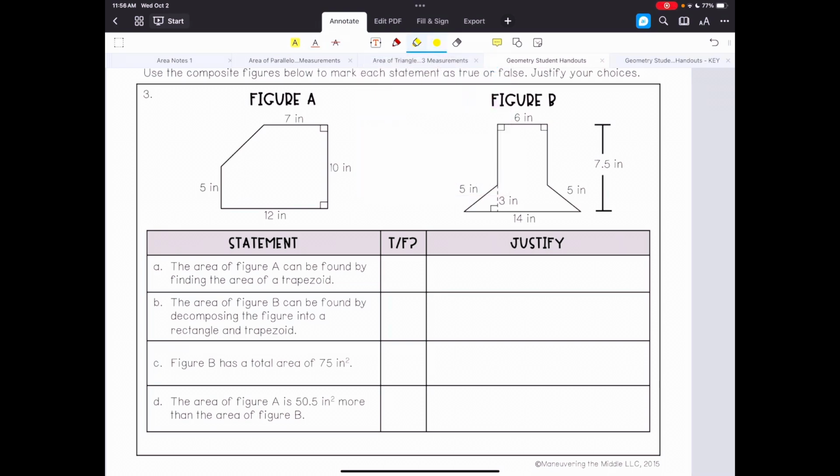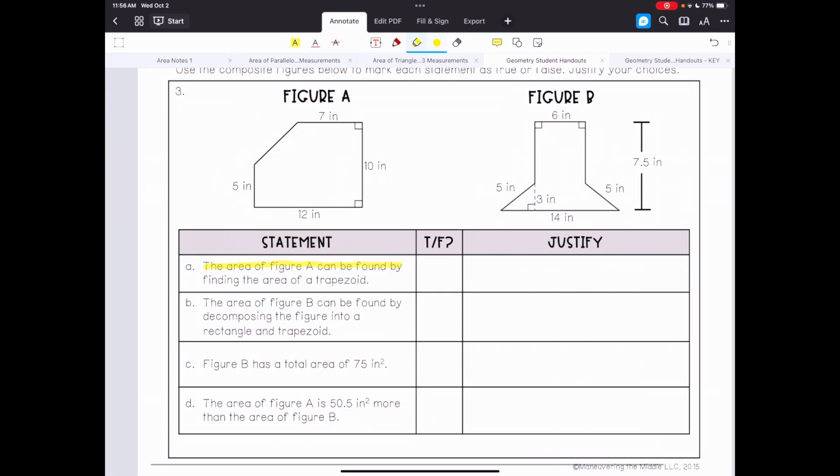The first question says the area of the figure A can be found by finding the area of a trapezoid. Looking up here, figure A is not a trapezoid. So this is a false statement. A trapezoid has two parallel lines on top and bottom, and then it has two other sides that are not parallel.